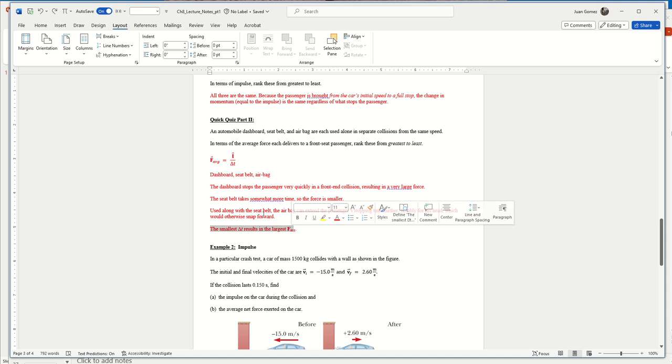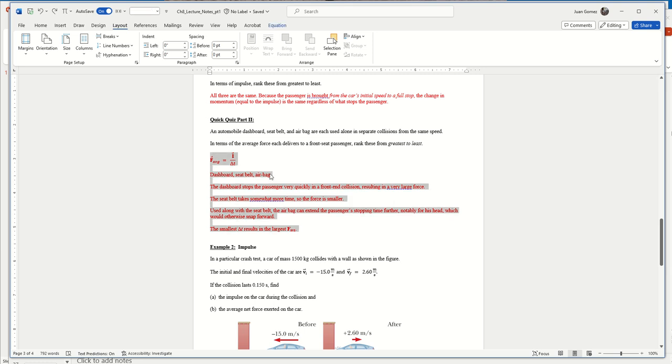Think about, God forbid, if you drive into a tree or a wall without an airbag, your head is going to slam into the dashboard in a relatively very small delta t. If the airbag deploys, you can sink into it and come to a stop in a much longer delta t.